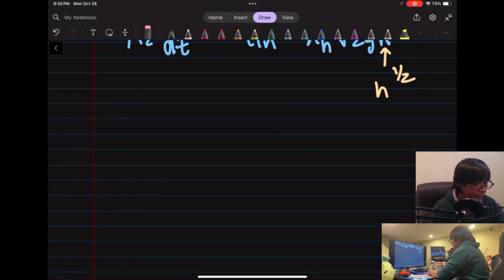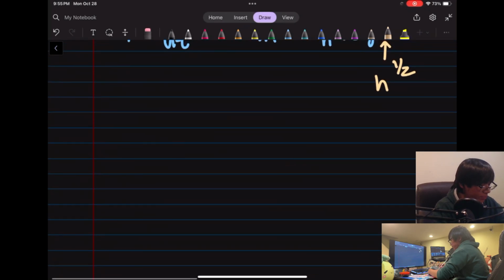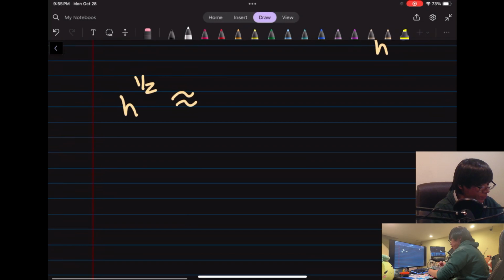So we'll have h to the 1/2 as our function, and we're going to approximate that. That will follow the kind of expression below, where we approximate a function with a center of expansion around some arbitrary point.